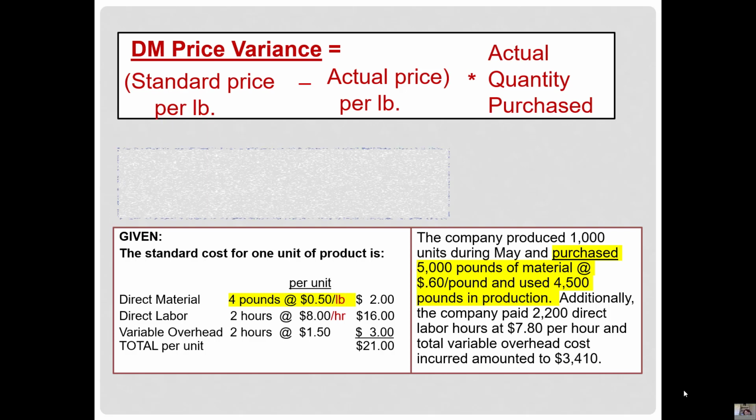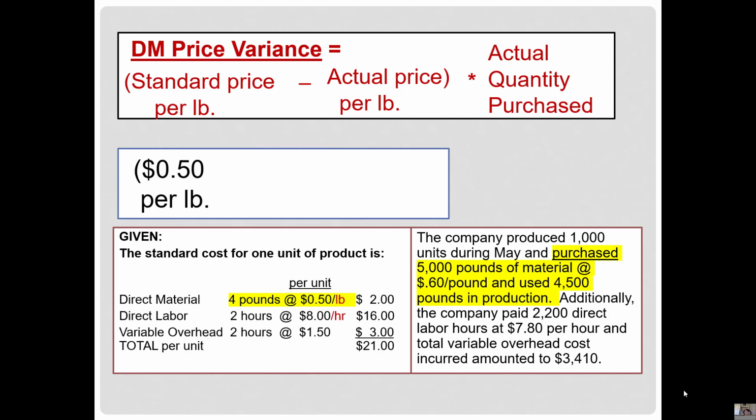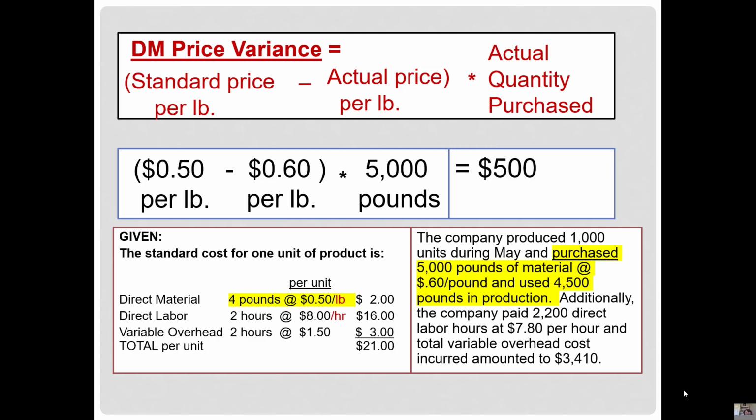The standard price is 50 cents per pound. The actual price is 60 cents per pound. And we bought 5,000 pounds. This will give us a $500 variance, and it is unfavorable.